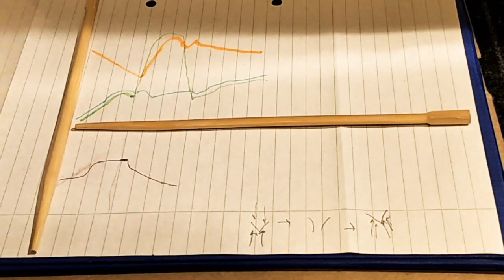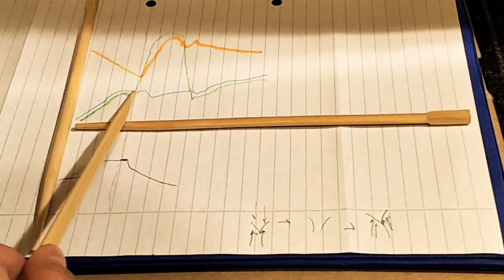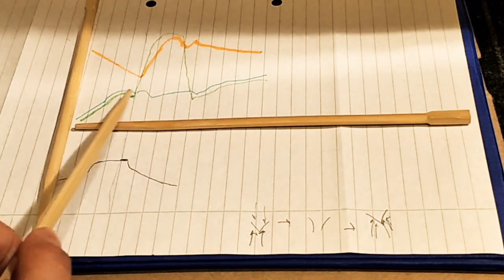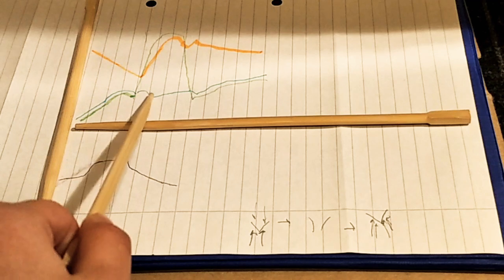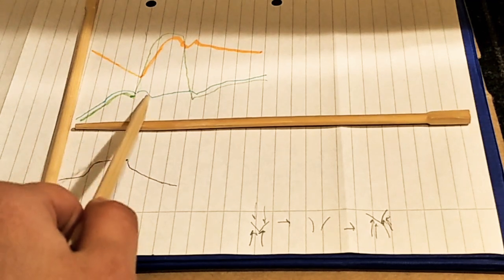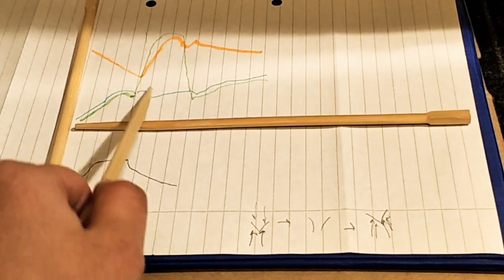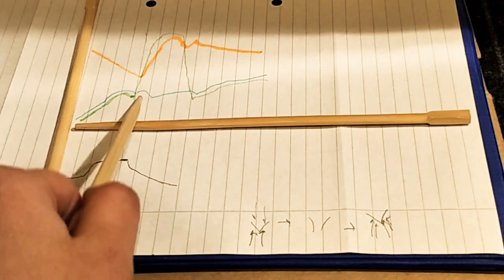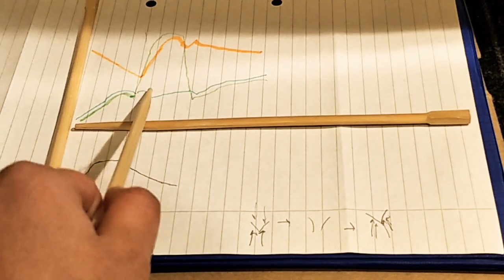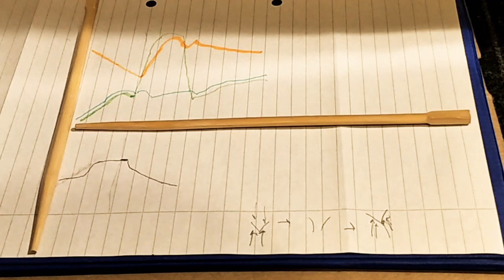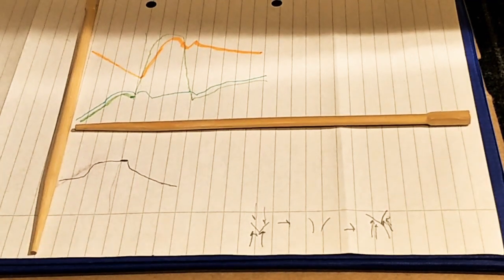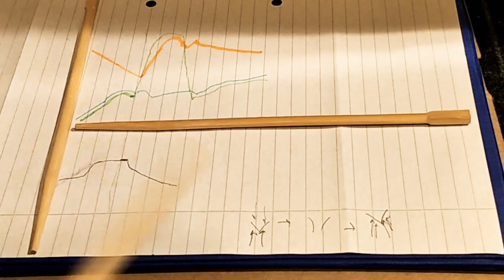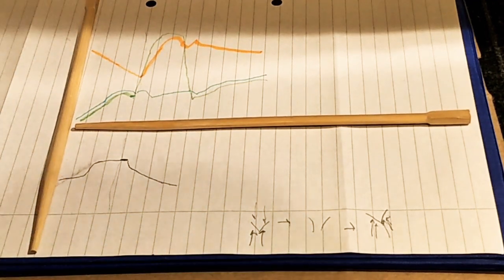Okay, so then we move on to, as you can see, there is an increase in atrial pressure here. Why is there an increase in atrial pressure? This is due to the backflow of blood in the ventricle pushing against the mitral valve to close it, exerting pressure onto the mitral valve.